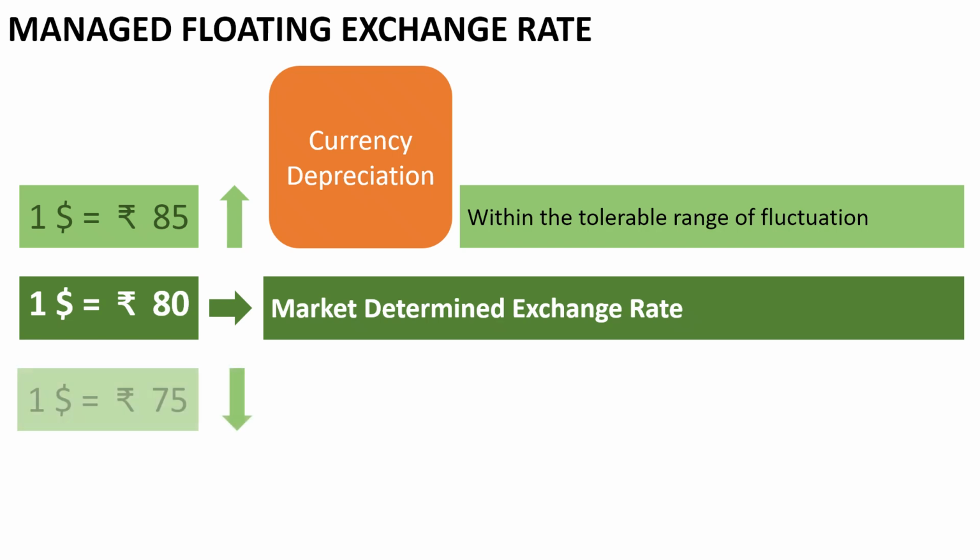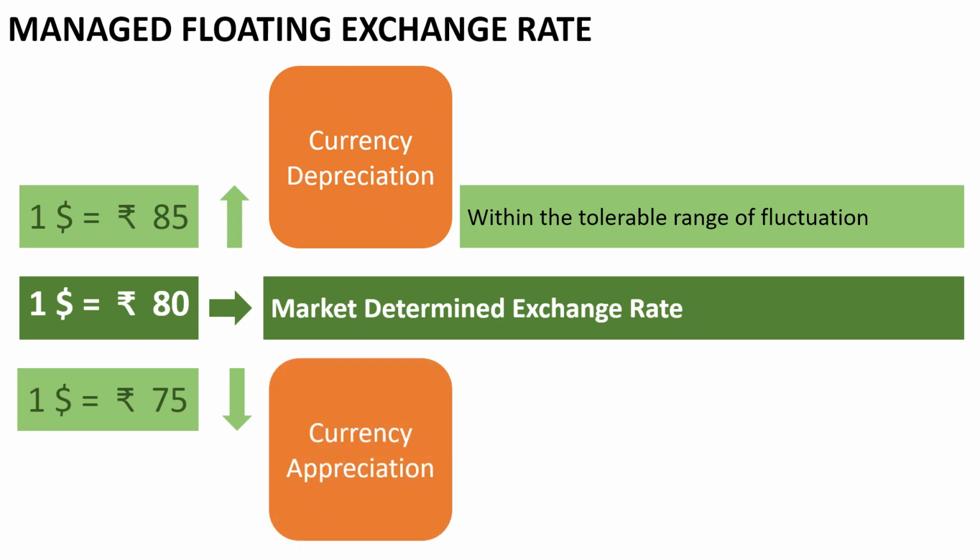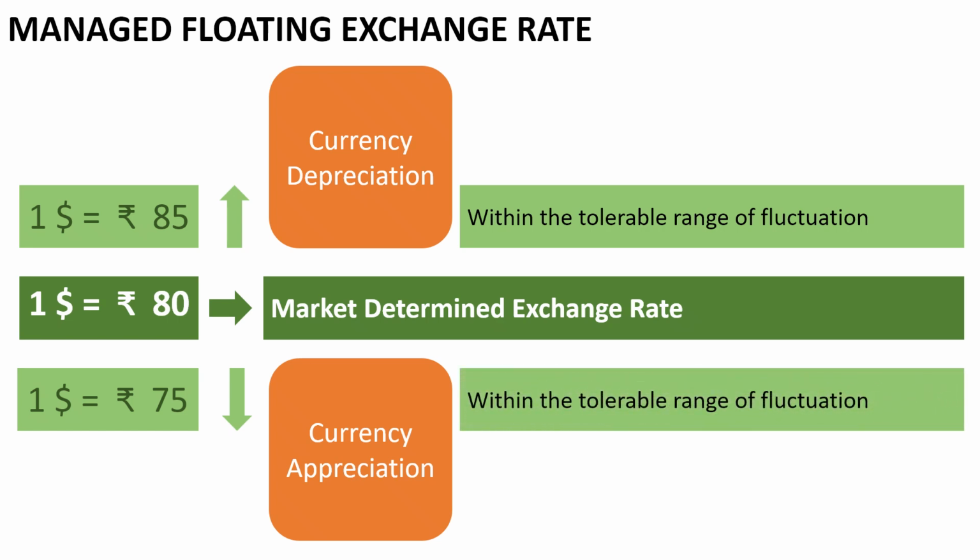Similarly, if the exchange rate falls to $1 is equal to 75 rupees, it leads to currency appreciation. That is, a rise in the value of rupee with respect to the dollar. And this fall in exchange rate also lies within the tolerable range, and the central bank does not intervene in the foreign exchange market.